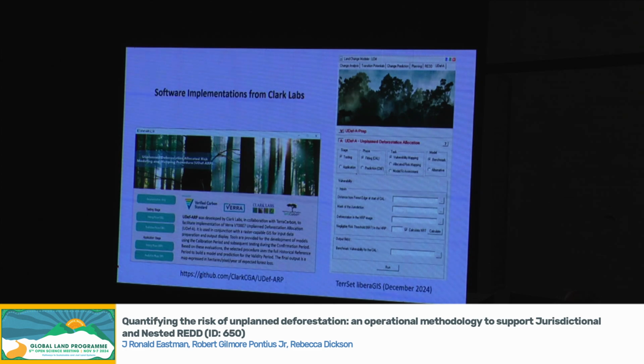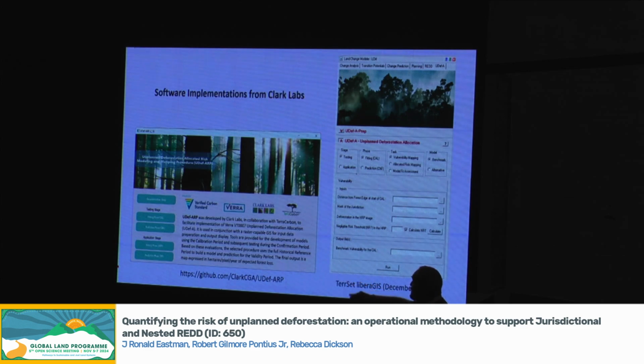The standard sets out in words exactly how to do it. It's a GIS-based procedure. It says, do this, do this, do this. You can implement it in just about any raster-capable GIS software. However, to facilitate things, at Clark Labs we did create a couple of software implementations, which my colleague Rishi is going to talk about in a moment.